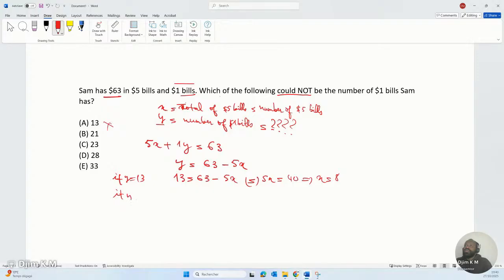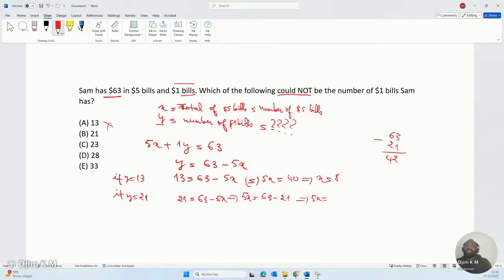If y is 21, so 21 equals 63 minus 5x, like this. So 5x will be equal to 63 minus 21, which is going to give us 42.